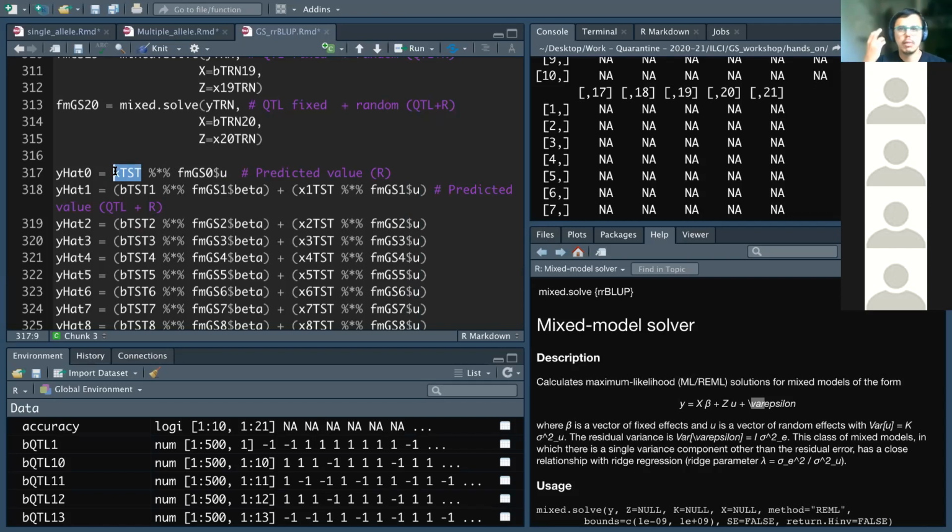We don't need the phenotype to predict, but we need it to assess whether the model is good or not. To predict the genetic values in the testing population, we just need the genotype, and we put that information together with the estimated allele effects. That is why we multiply the genotype and the effect of every single marker.